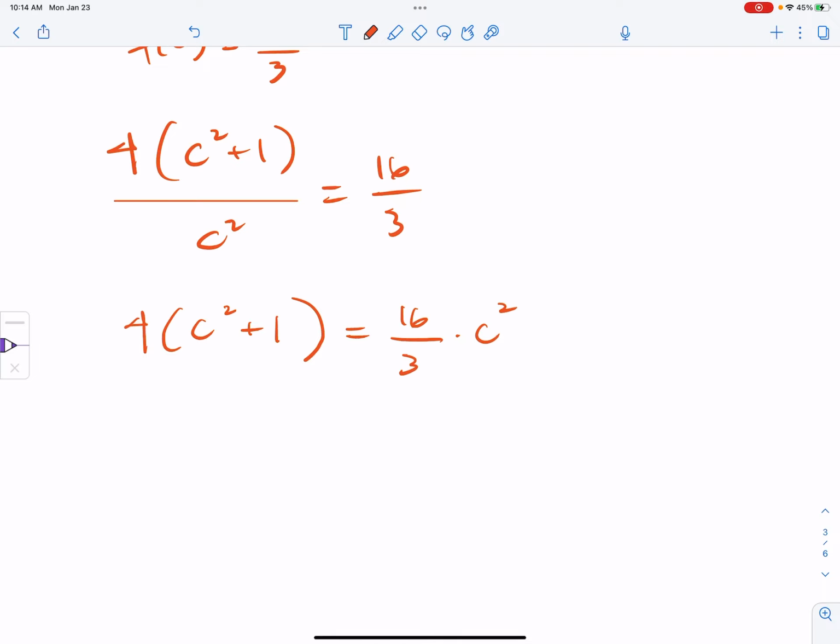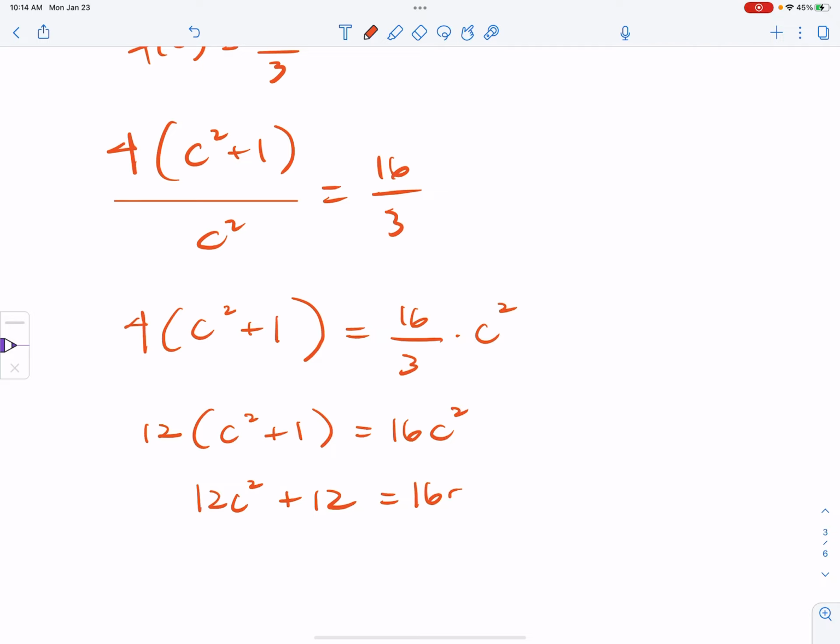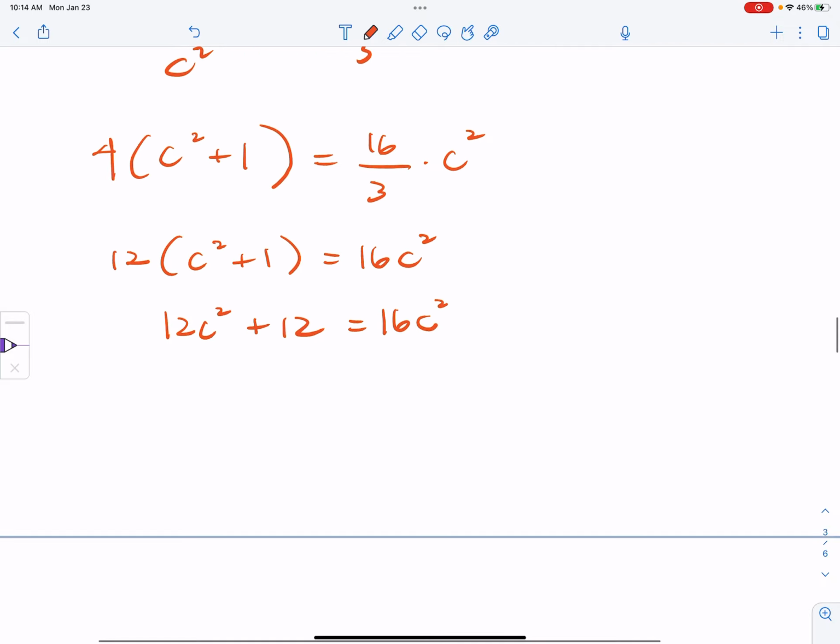Okay, so multiplying by 3 on both sides here, we would have 12 times c squared plus 1 equals 16c squared. And then now I can distribute that 12, and now I don't have to think about subtracting fractions. So if I subtract 12c squared from both sides, we'll have 12 equals 4c squared, divided by 4 on each side.